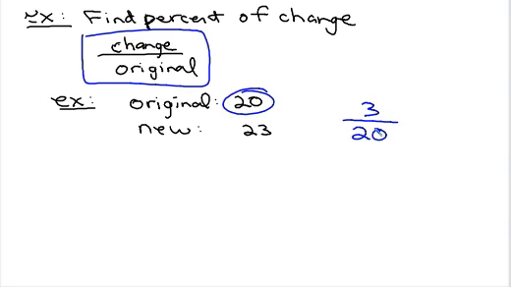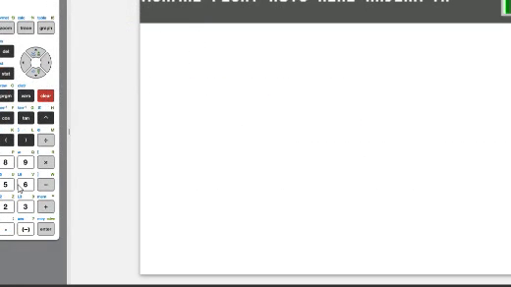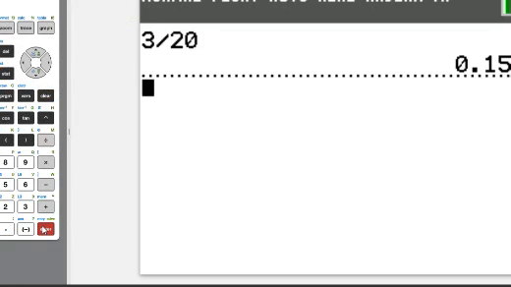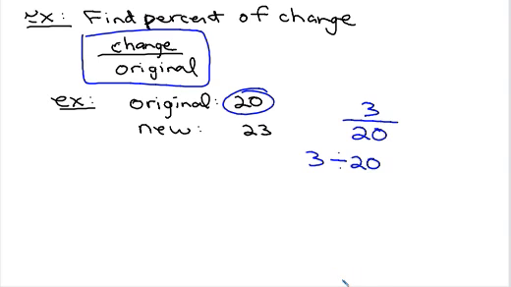So this is just a basic calculator problem. You grab your calculator, try it. 3 divided by 20. I'll do it here for you. 3 divided by 20. And you get 0.15. So 0.15 would be a 15% change.